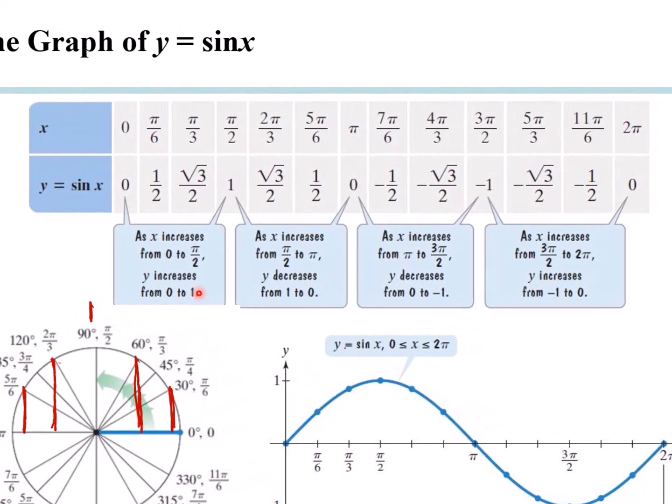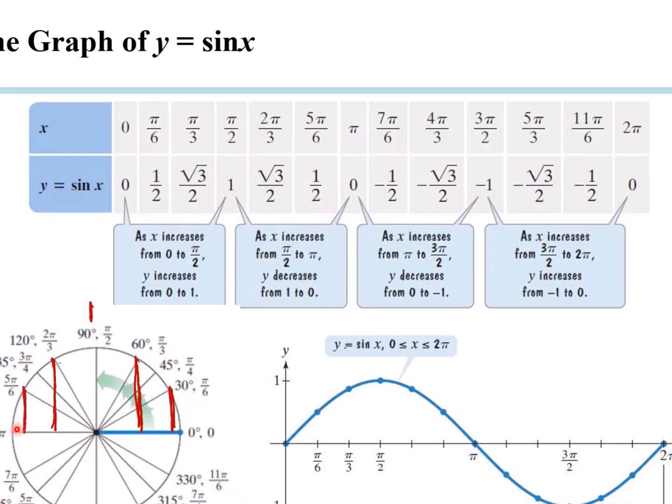You'll note here that we start from 0, and then the y values increase all the way up to 1 at pi over 2. Then in the second quadrant, the y values start decreasing. From 1, it becomes again square root of 3 over 2, which is the same as what it was at pi over 3. And then at 5 pi over 6, the value decreases further from what it was at 2 pi over 3. It becomes 1/2, but it's the same as what it was at pi over 6.